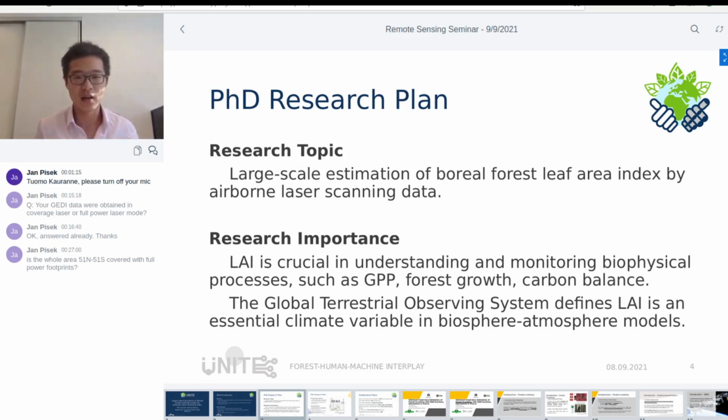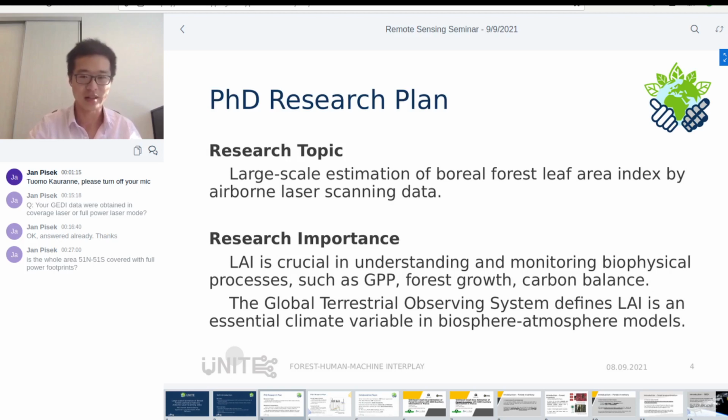Because it's crucial in understanding and monitoring biosphere processes, as canopy is very important in modeling, for example, biosphere and atmosphere variables, and also leaf area index is very crucial to estimate gross primary production, forest growth, and carbon sequestration in the context of global climate change.